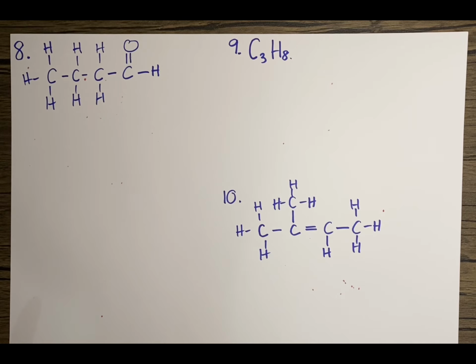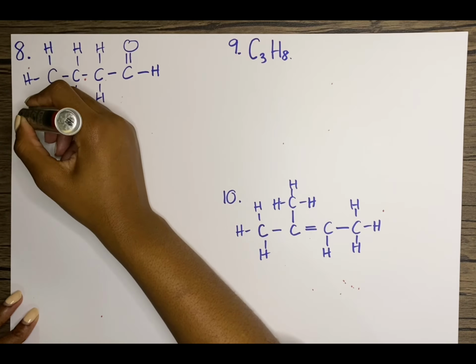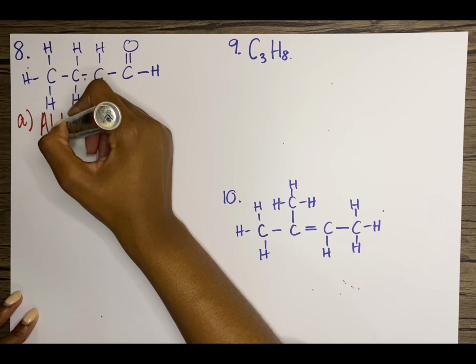If you look at number 7 and number 8, they are usually confused. Number 8 has a double bond O, but at the end of the carbon chain, or rather on the first carbon in the chain, right? So this one is not a ketone, it's an aldehyde.